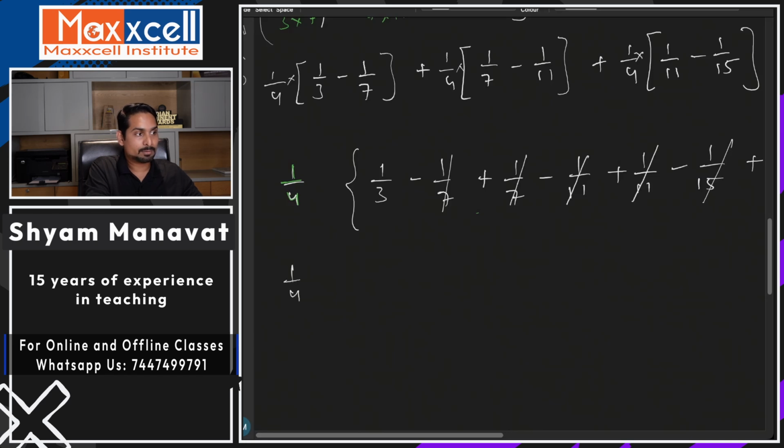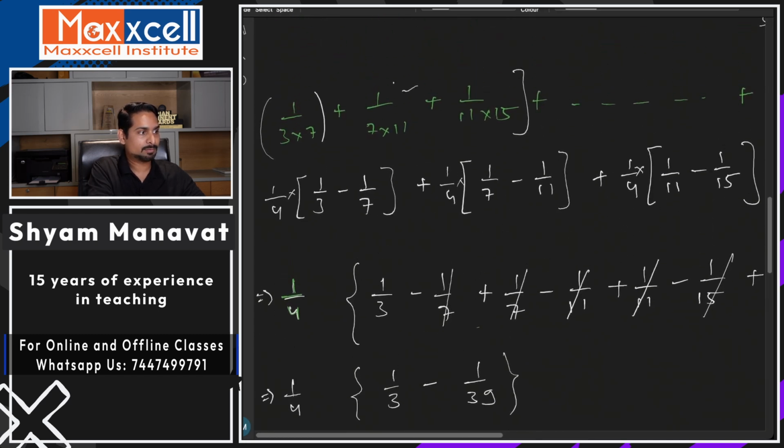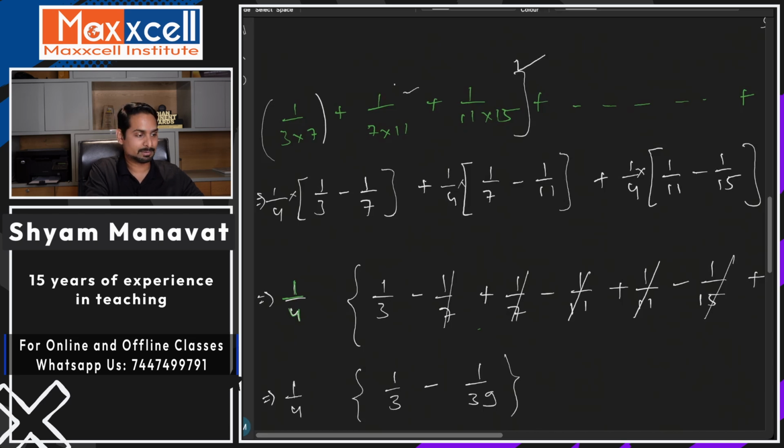Okay, so you got 1 upon 4 and in bracket you have 1 upon 3, and the last term which is left here is minus 1 upon 39. Okay, so this is all equal to what we wanted to calculate, the sum of the series, right?